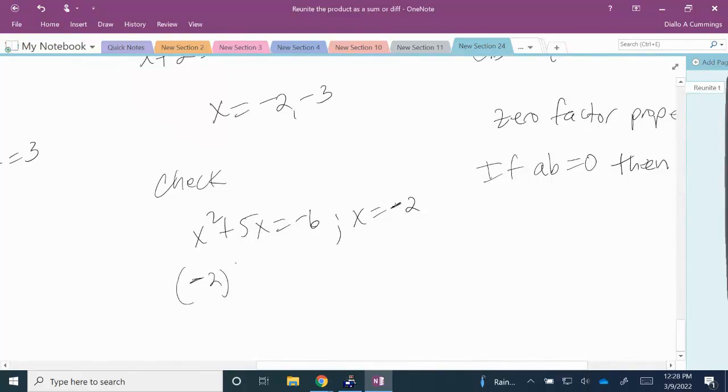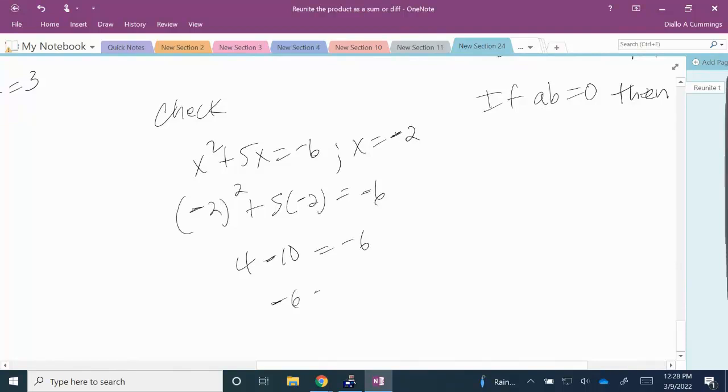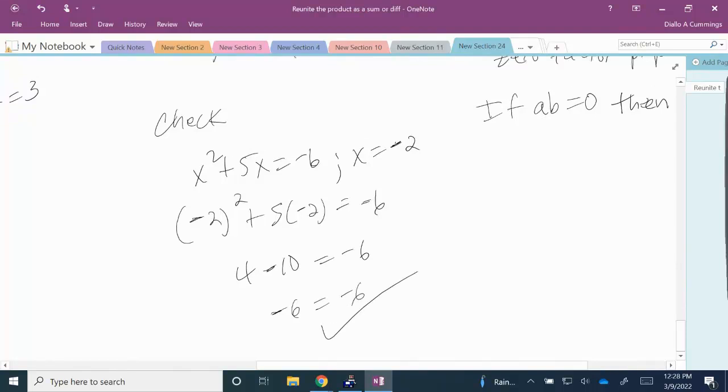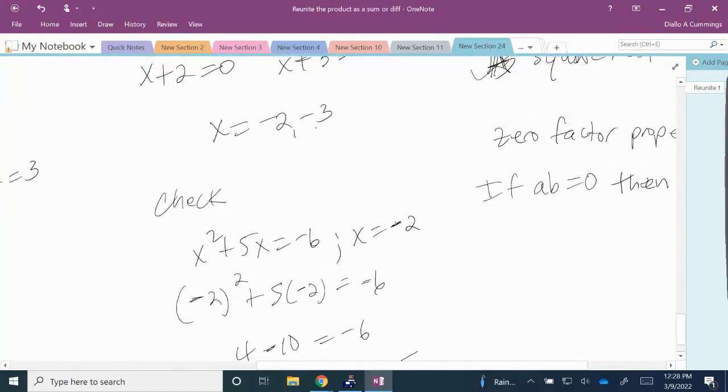Right, so we have -2 squared plus 5 times -2. That should equal -6. So -2 squared is 4. 5 times -2 is -10. And we have both sides equal. Right. Now I'm going to bypass -3, but -3 should also check out. Right. Both of these things are solutions.